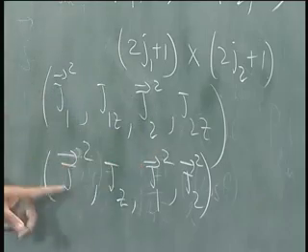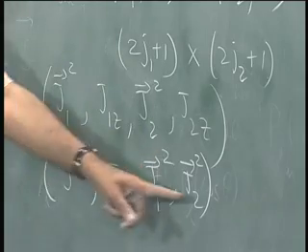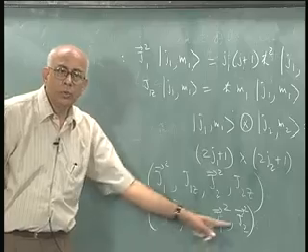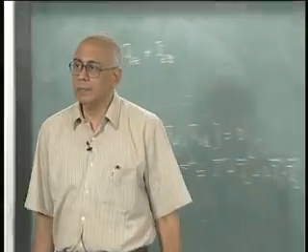So they mutually commute. So this is another possibility. I can choose the maximally commuting set of observables in two different ways in this case.